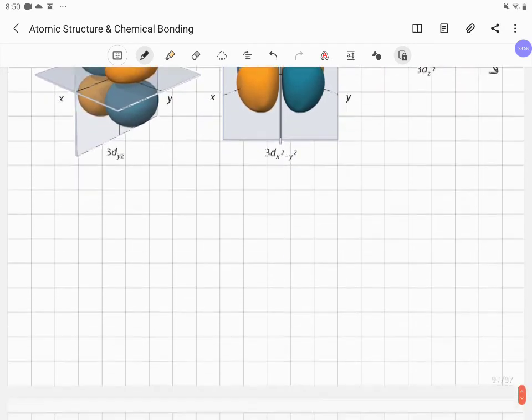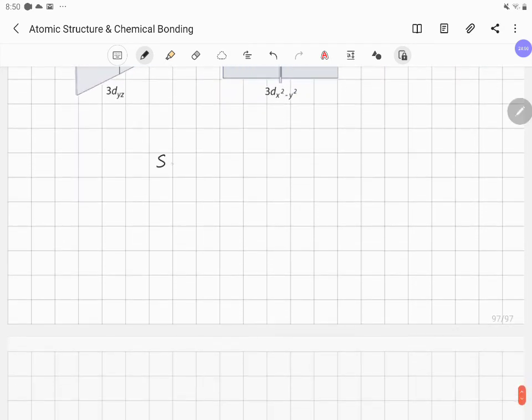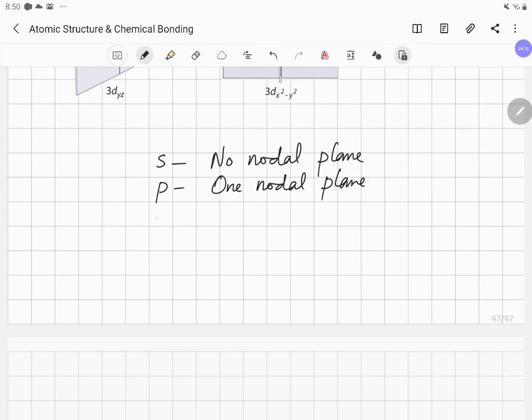So in general, for the s orbital there are no nodal planes. For the p orbital, there is one nodal plane, and for the d orbital, there are 2 nodal regions or nodal planes.